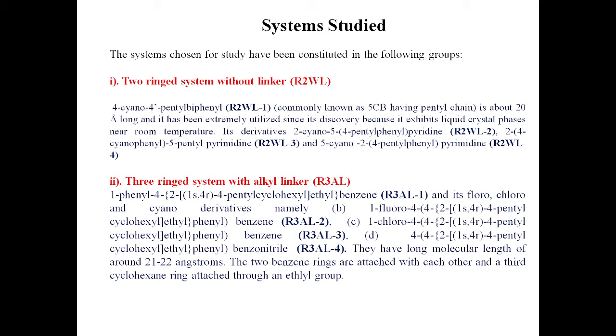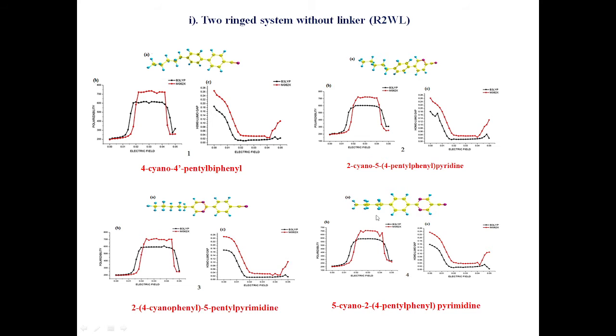Here are the names of the molecules which are studied here. For the two-ring system without alkyl chain, the first molecule is 4-cyano-4'-pentyl biphenyl.